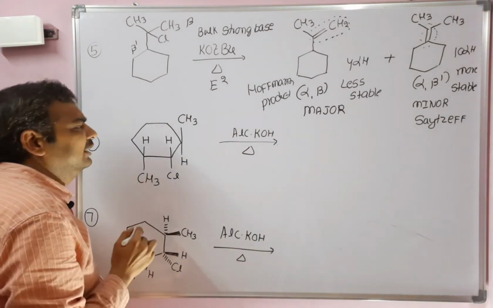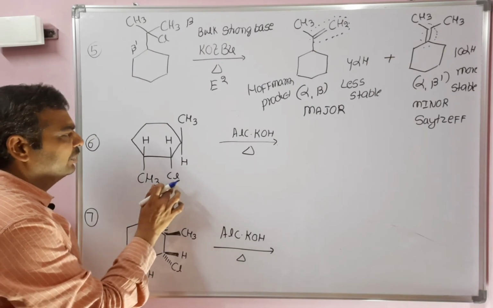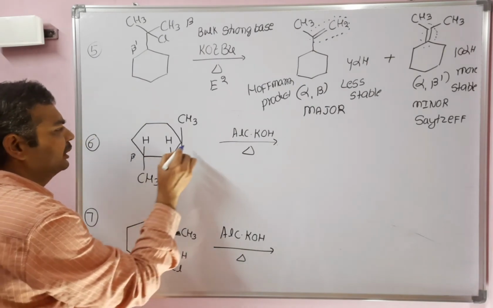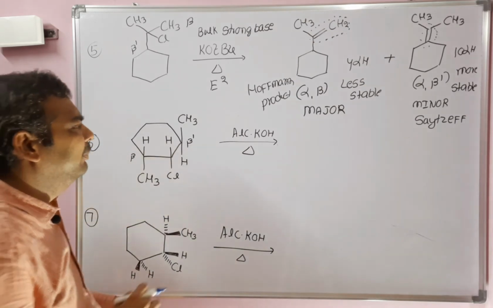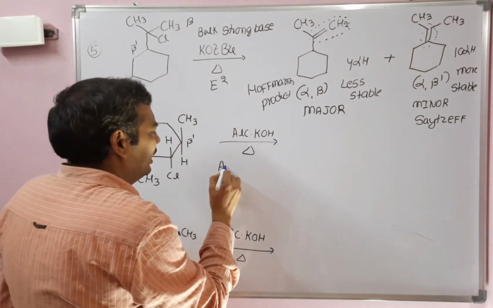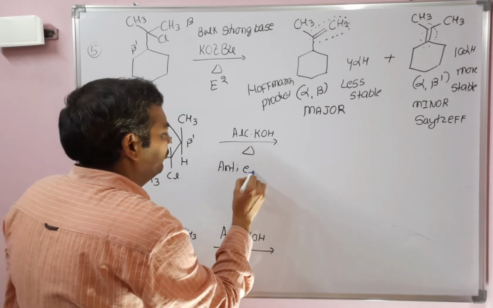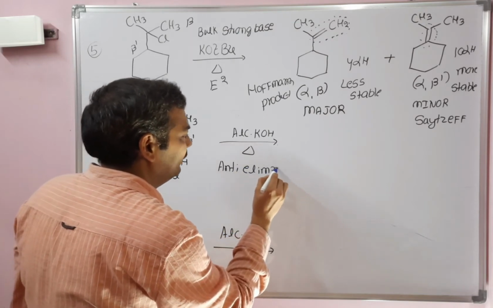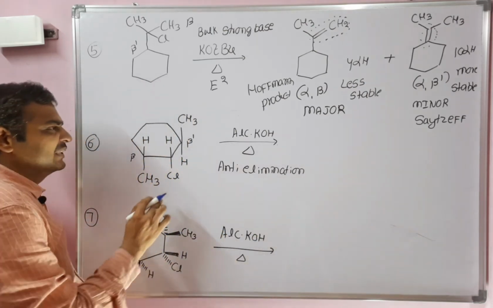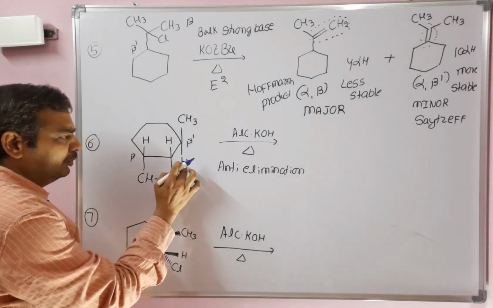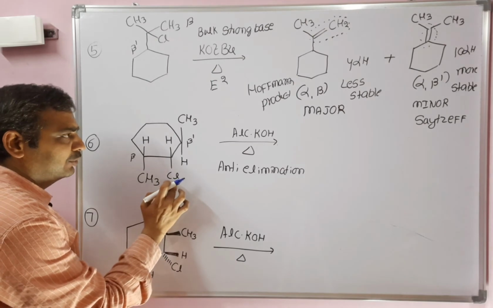So here is alcoholic KOH, and this is a chlorine. Here two beta positions are there, one is beta, another is beta prime. One important point here, remember anti-elimination. So far we have not covered this type of example. Suppose this hydrogen is on the same side with respect to chloro.